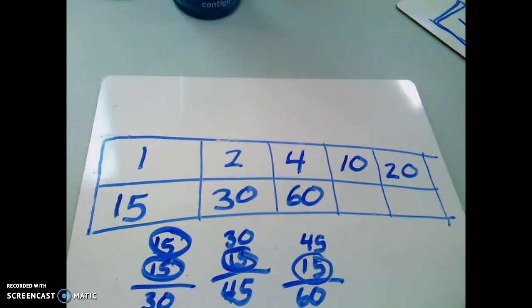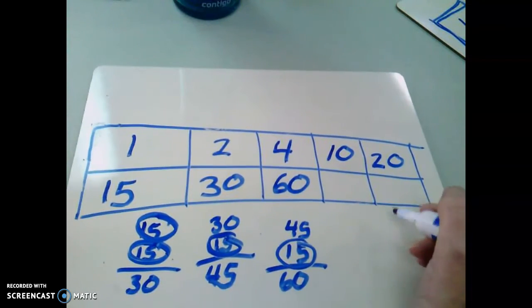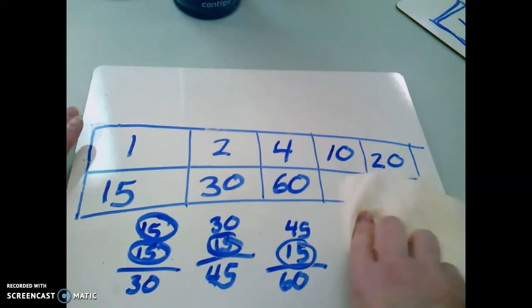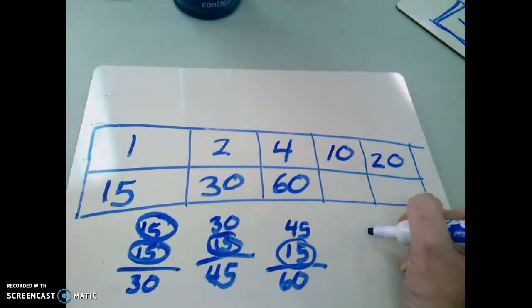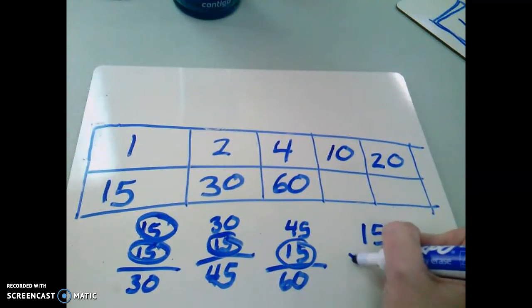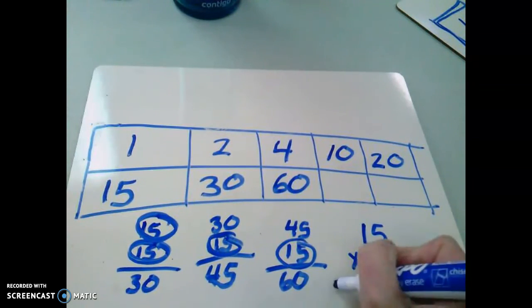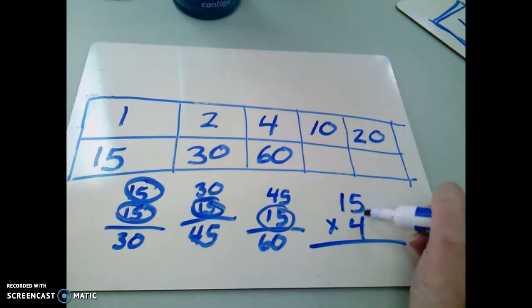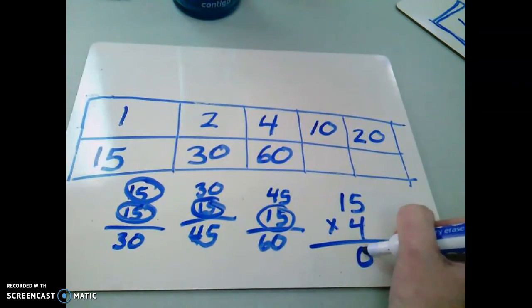Oh, so I know that 4 times 15 is going to be 60. I can go back and check that. I would write 15 times 4. Solve that problem, and that is going to be 4 times 5 is 20.